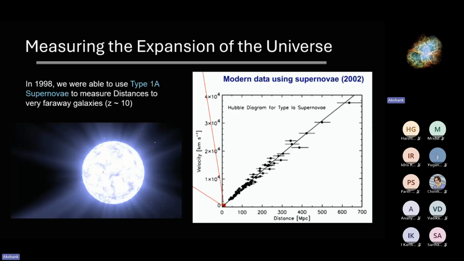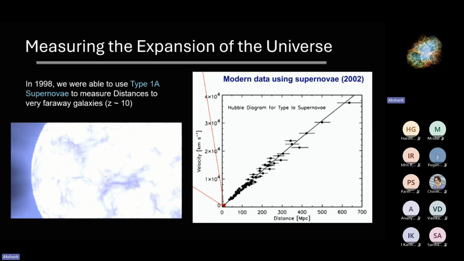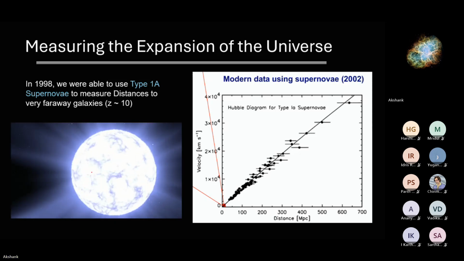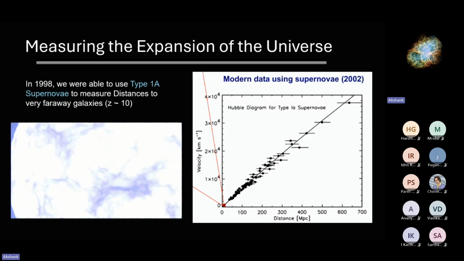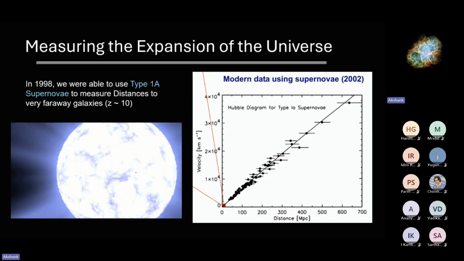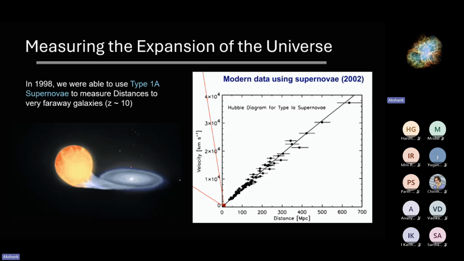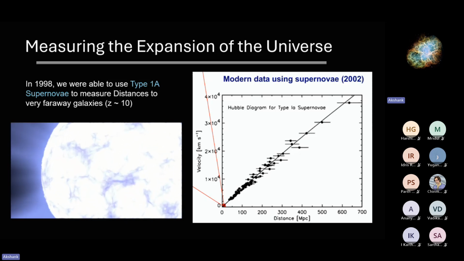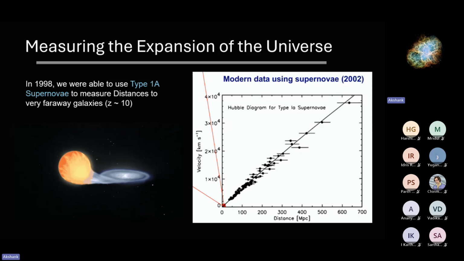The white dwarf accumulates matter from the neighboring star and increases its mass. So it's a binary star system: you have a white dwarf and a red giant, and matter from the red giant is falling onto the white dwarf.